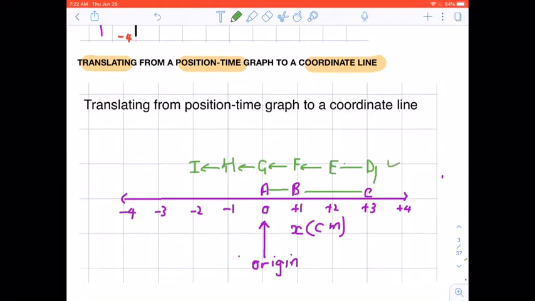Remember, all these are on the line. I've just displaced these letters, but the position of the particle is along the line.